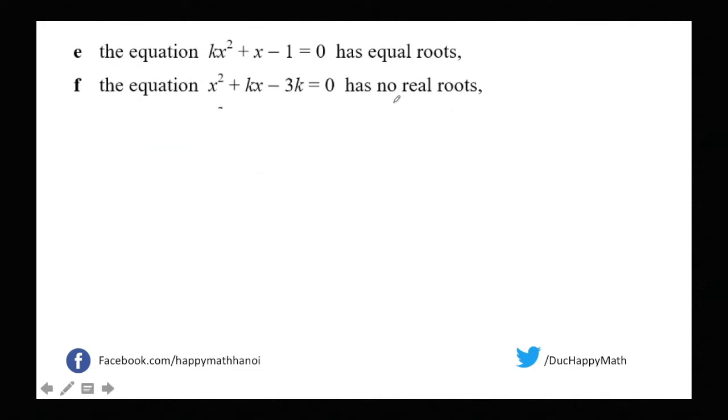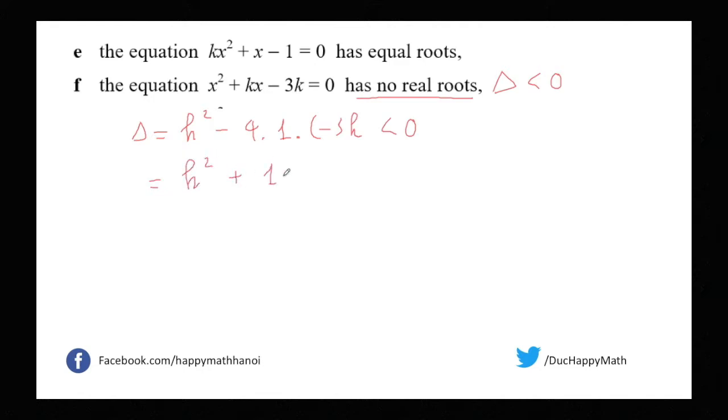Question F. The equation has no real solution, so delta is less than 0. So I set up k squared minus 4ac less than 0, and k squared plus 12k is less than 0. So this is a quadratic inequality. In step 1, you find the values of k for which this function equals 0.